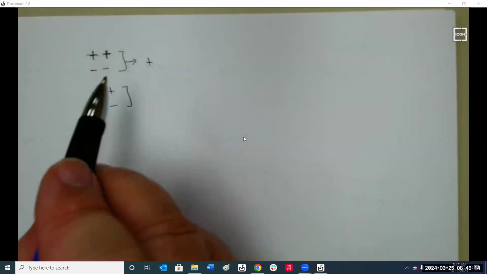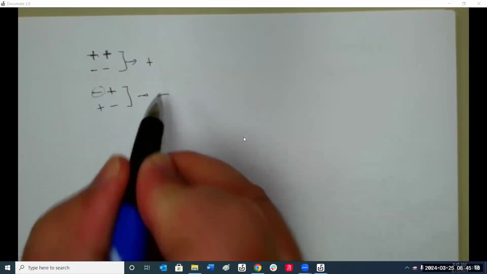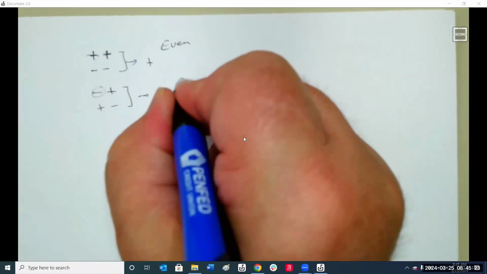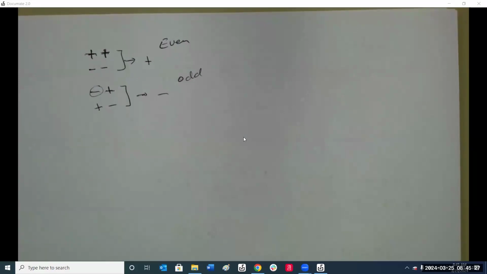If we have something like this, we have 2 lines and then a third line, so that means it's negative. It's odd. This is even. This is odd. Again, those are more concepts you have to define to the kids: what's odd, what's even.